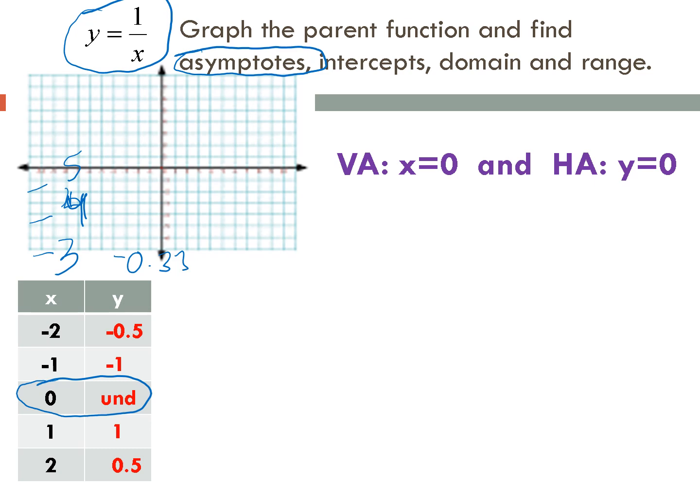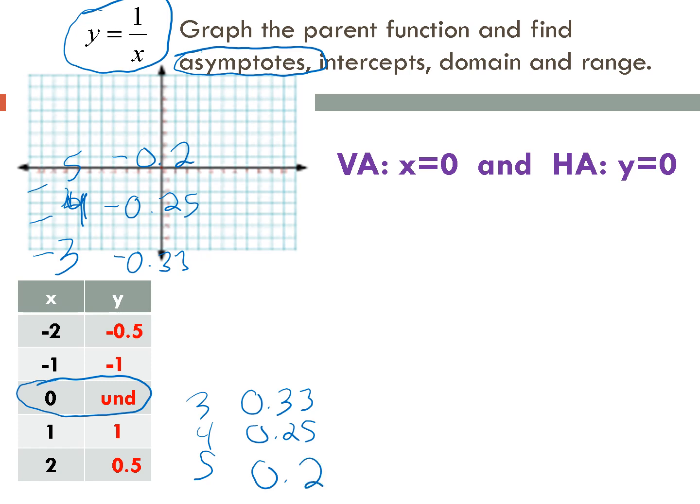If I plug in negative 4, I get negative 0.25. If I plug in negative 5, I get negative 0.2. And it's the same if I go 3, 4, 5, because 1 over 3 is 0.33, 1 over 4 is 0.25, 1 over 5 is 0.2.